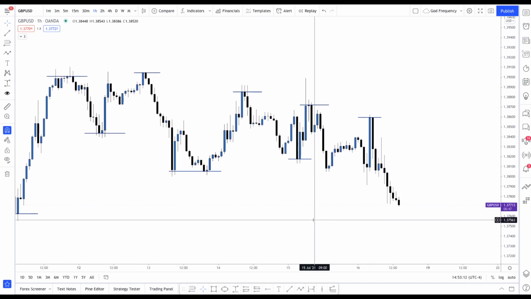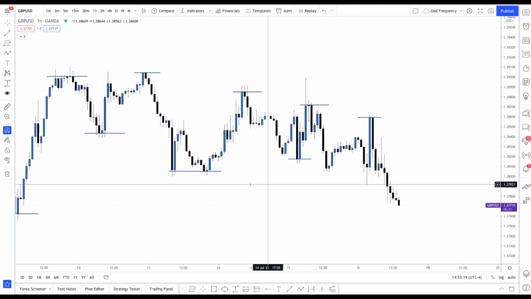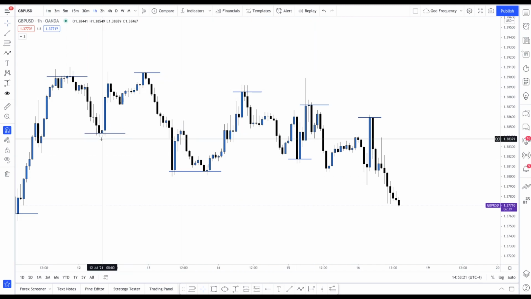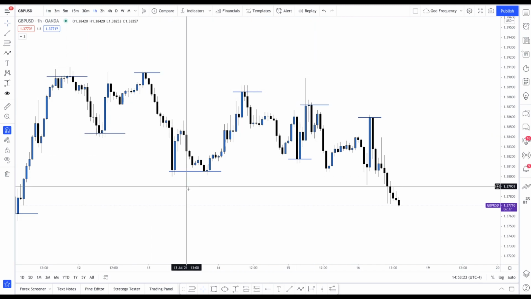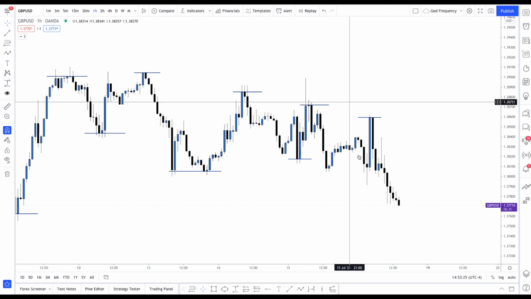I'm not going into great lengths and detail. The idea is just so that you can see these swing points, and you want to focus your attention on these swing points.